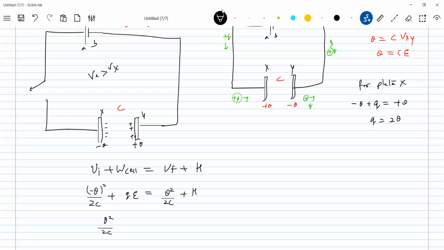So Q square by 2C, 2Q E. So the heat generated will be 2Q into E. Q is equal to C into E. So it has to do this much work. This much, sorry, heat will be generated.